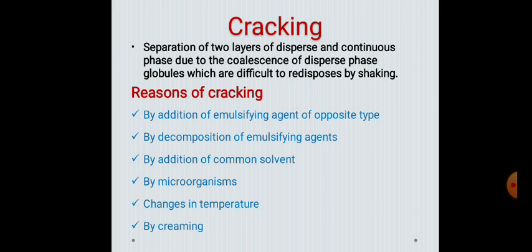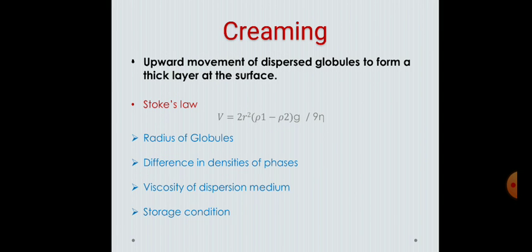Now, creaming, the second problem, is the upward movement of dispersed globules to form a thick layer at the surface. In emulsion, creaming is well explained by Stokes' law, where V = 2r²(ρ1 − ρ2)g / 9η, where V is the rate of creaming, r is the radius of globules, ρ1 and ρ2 are the densities of continuous phase and dispersed phase, g is acceleration due to gravity, and η is the viscosity of the emulsion.